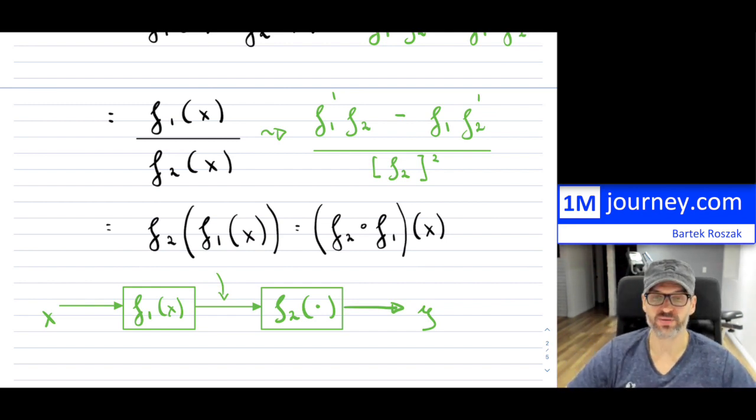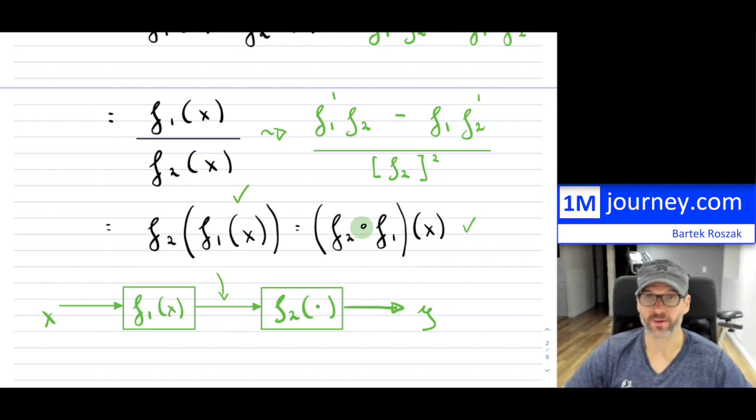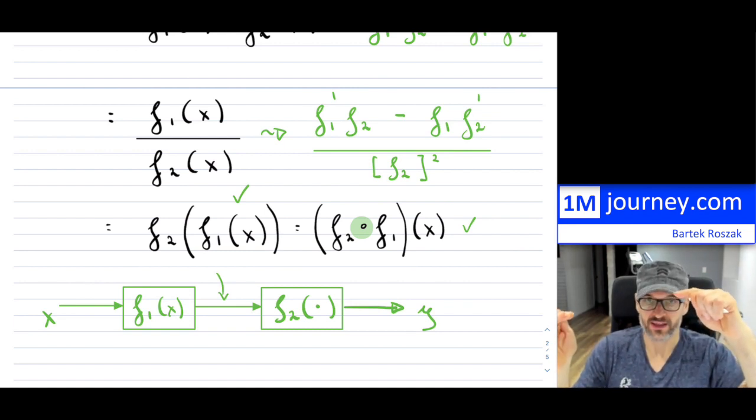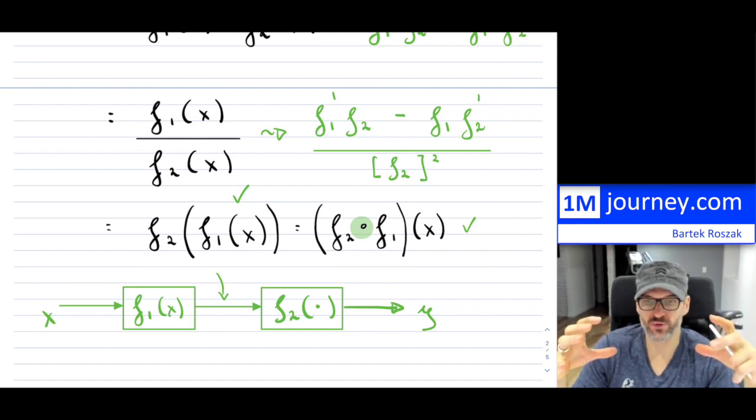And that is the composition of two functions. And you can write it either like this, or you can write it like this with this little circle in between there. And notice that f2 is the one that comes first in the notation because f1 of x is being fed into f2. So that's the composition. It's made up of two functions.